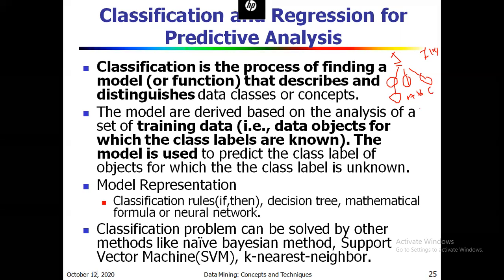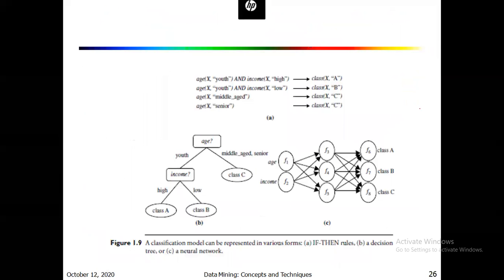Before going into detail, I will try to explain this. For example, we have a customer, and the customer may be of any age. It may be a youth, a middle-aged person, or a senior. If it is a youth, the income is high or low; if middle-aged, the income is zero, and if a senior citizen, income is also zero.